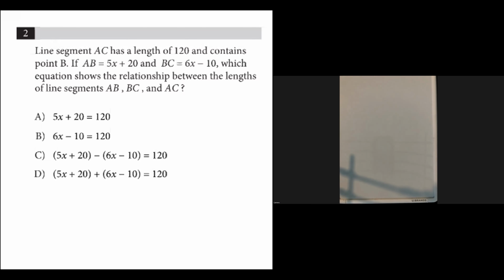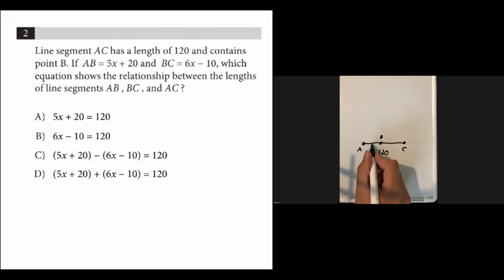Okay, so for this one, we're given that there's a line segment called AC. So this is point A, there's point C, and we're given that it's a length of 120. And it contains point B. So that means between A and C, there is point B somewhere.